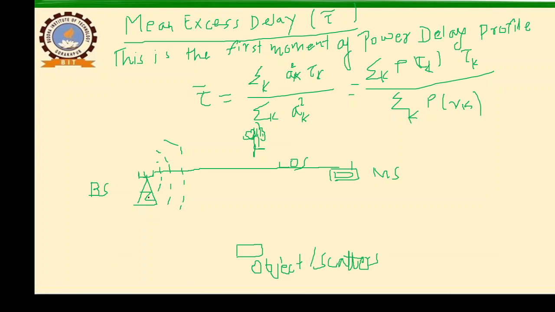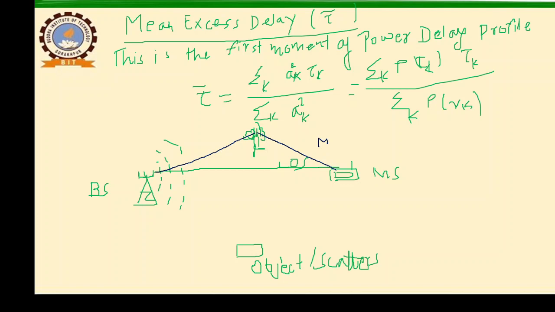If the signal is reflected by the trees and there are also some terrains and cliffs, this is the first multipath signal arriving at this.